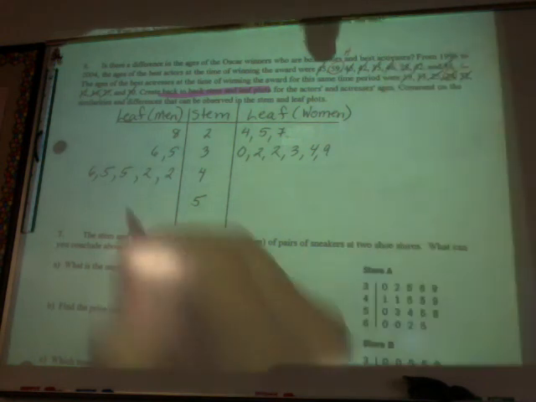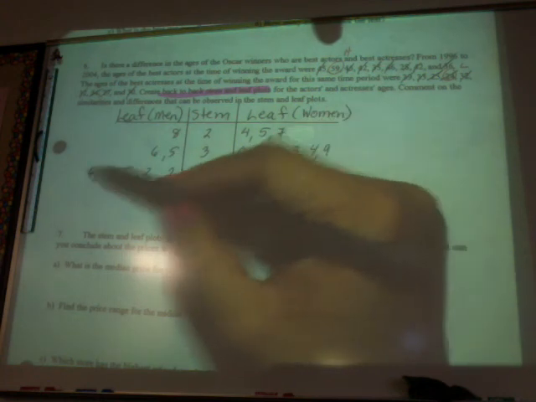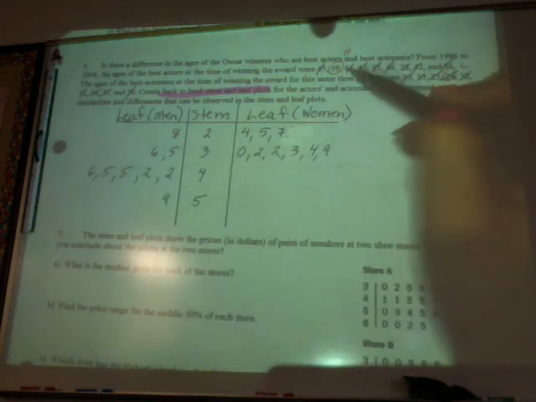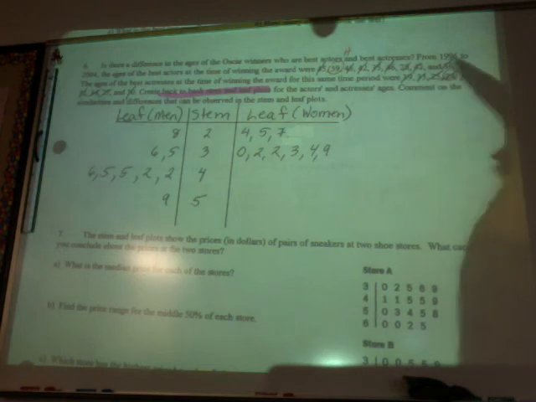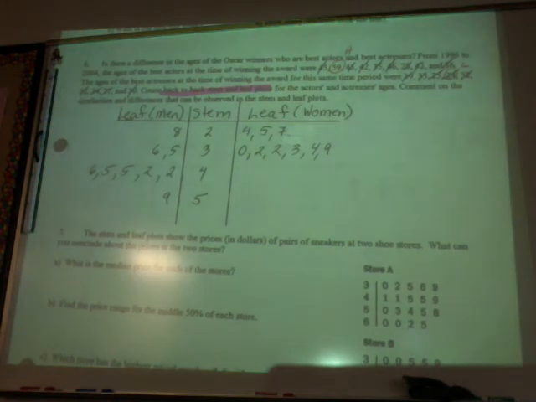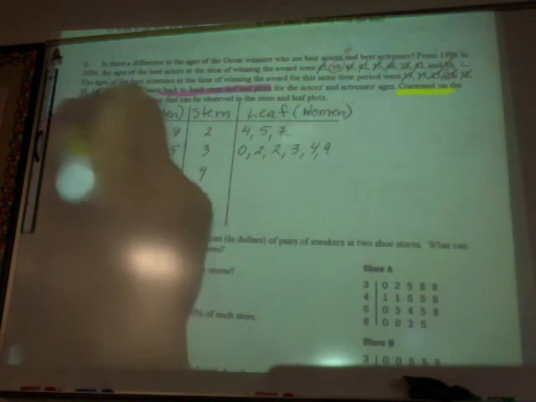And then 59. So then you're going to have to discuss, now that you've made that back to back, you're going to have to comment on the similarities and the differences.